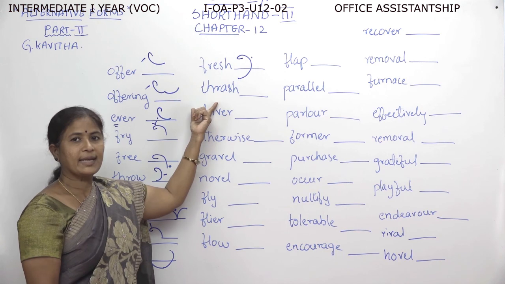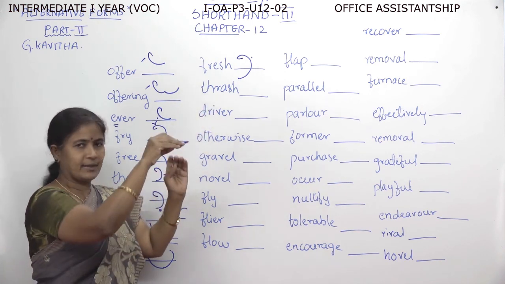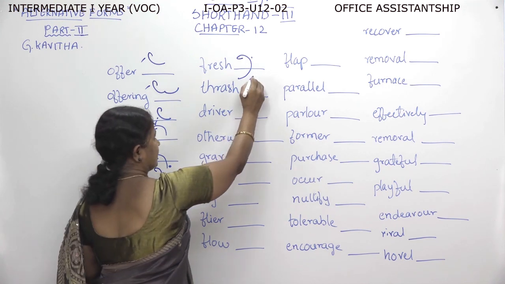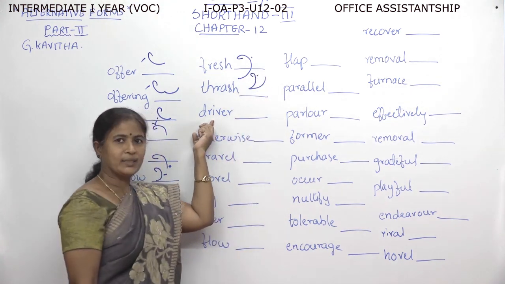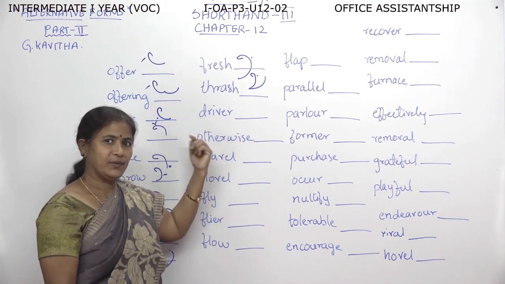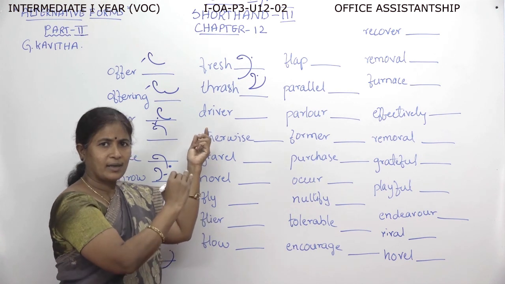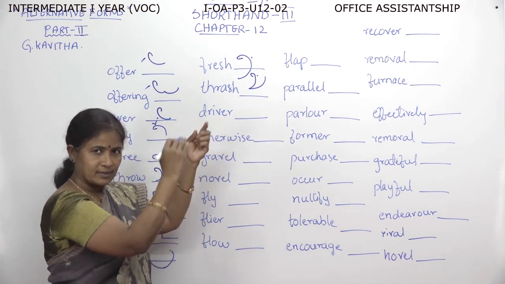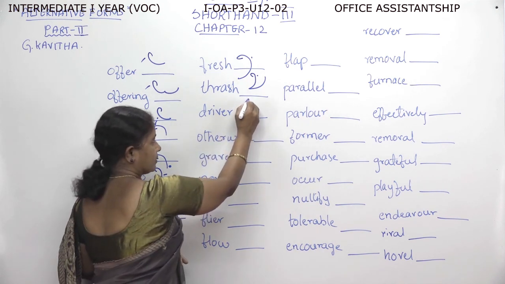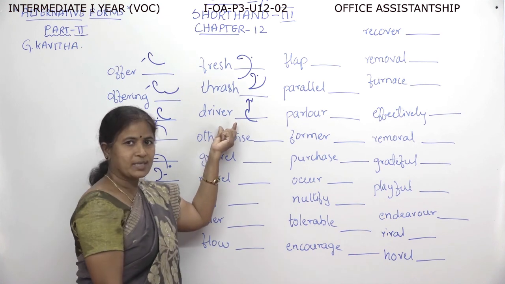Now thrash. We use the right form. Thr and ish. Thrash. Driver: dr and ver. Which form do we use? Which form is more convenient? Since D is not an upstroke or a stroke going towards the right side, and it is a downward-coming stroke, drive and ver: left ver joins better.